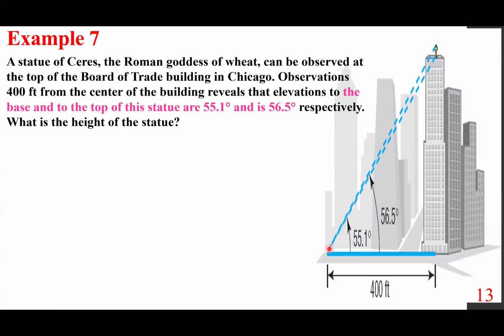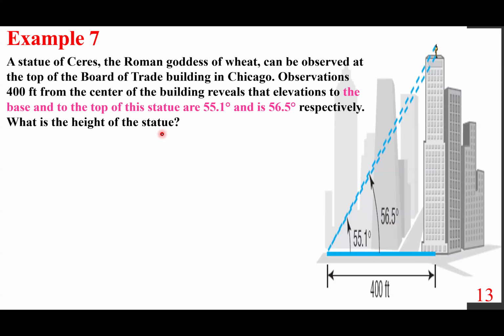So somewhere here, you look at the angle to the base and to the top. The base is the top of the building and the top of the statue. So this is 55.1, this is 56.5, respectively.